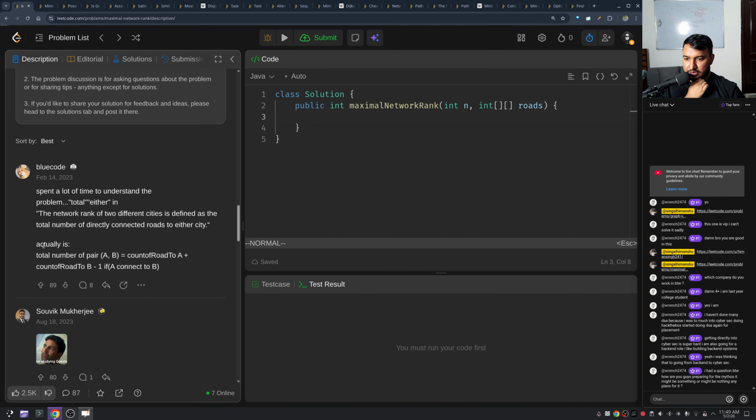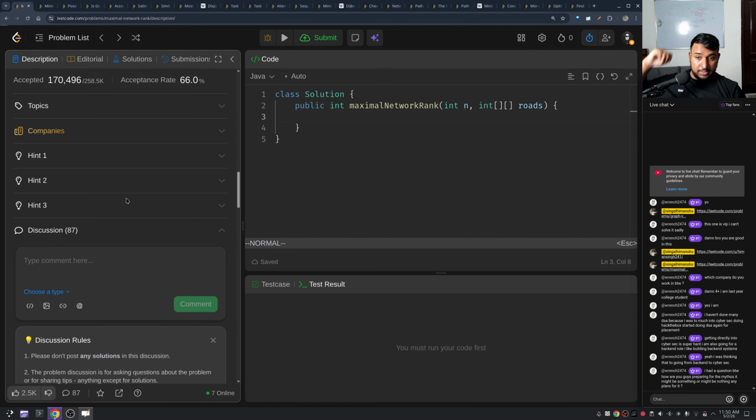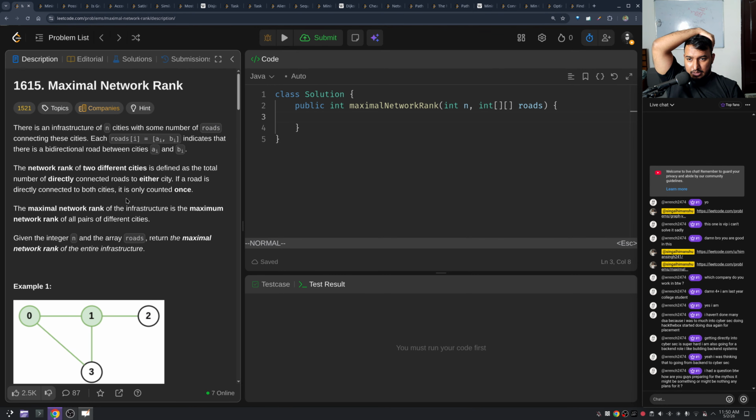So I'll read some of the discussion. Actually the total number of roads of the pair A and B is equal to the count of roads to A plus the count of roads to B minus 1, if A connects to B. I don't get this problem, to be honest.